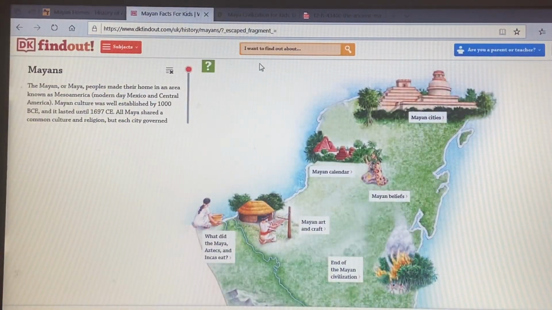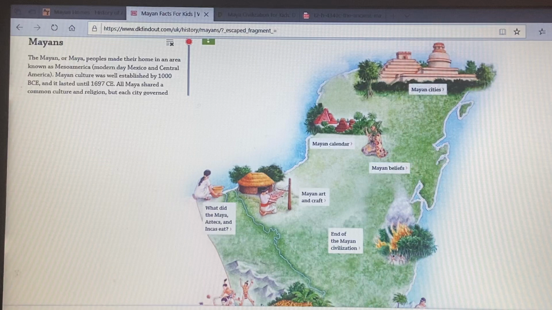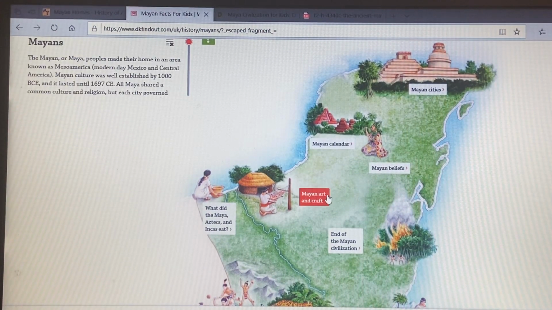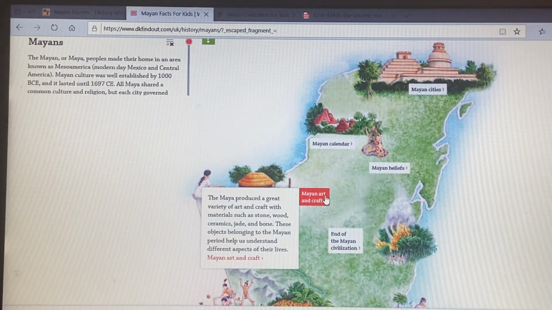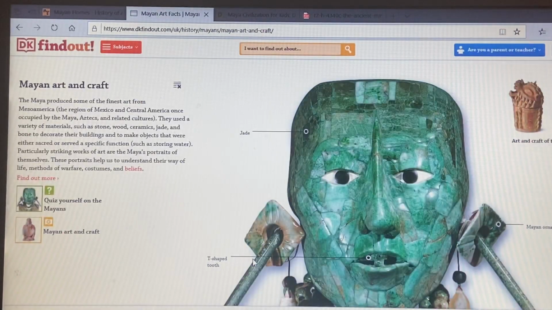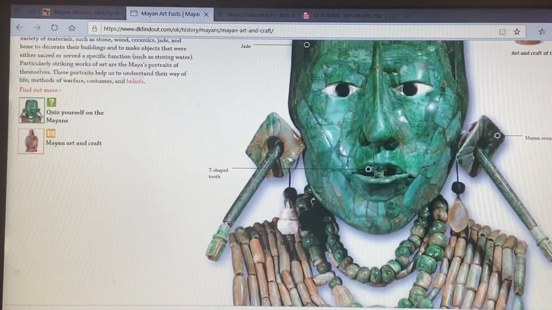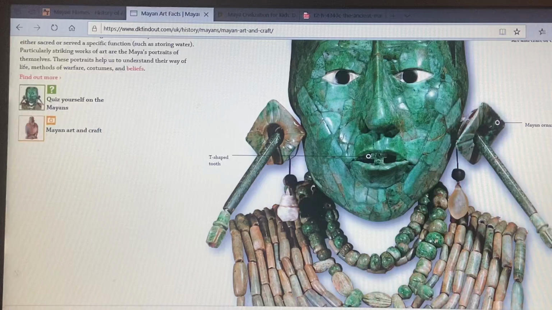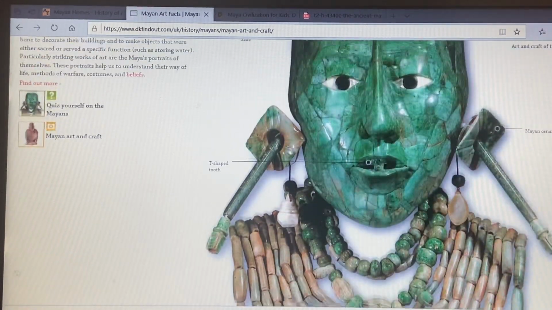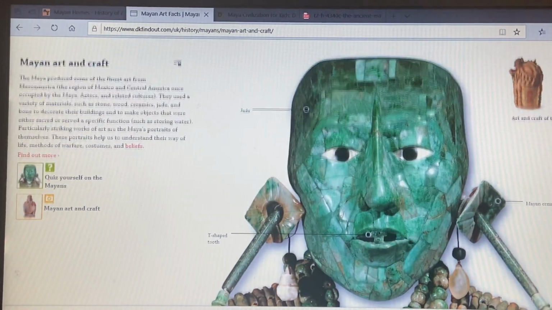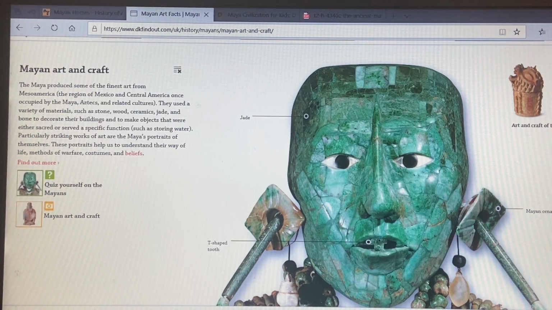The other site, this is the DK Find Out site. And this is really nice because it's all split up, and if you wanted to do some work on Mayan arts and crafts, you can click on it and it gives you some information and then takes you to the page where it's got a lot more detailed information and might give you the idea of some diagrams or drawings that you might want to include in your work.